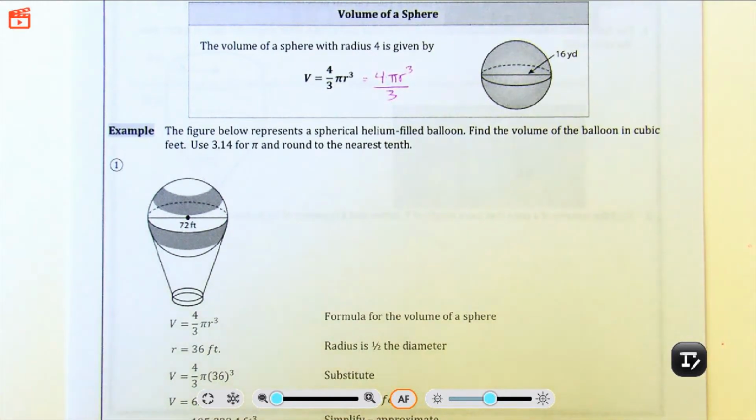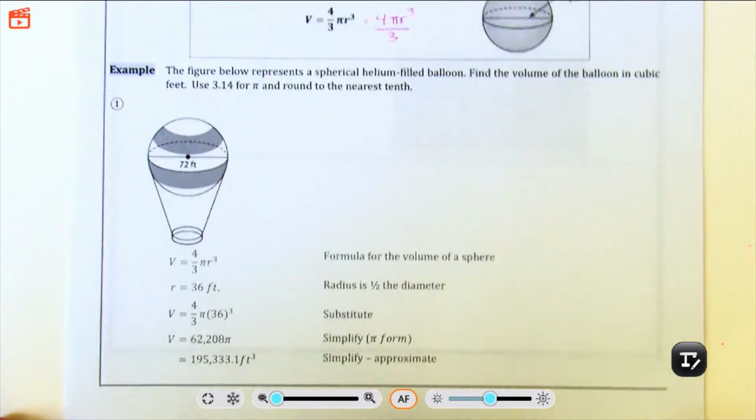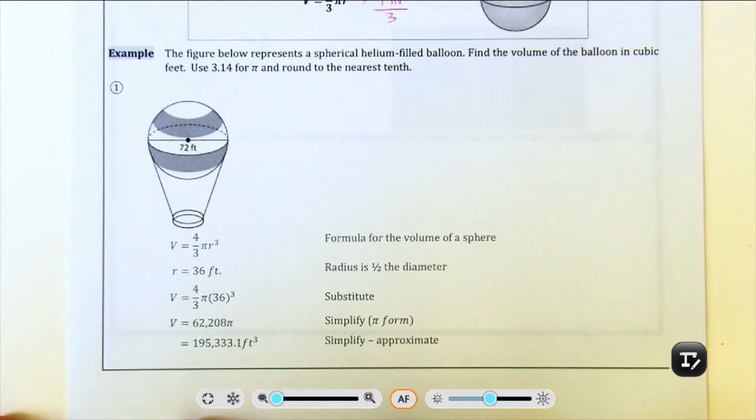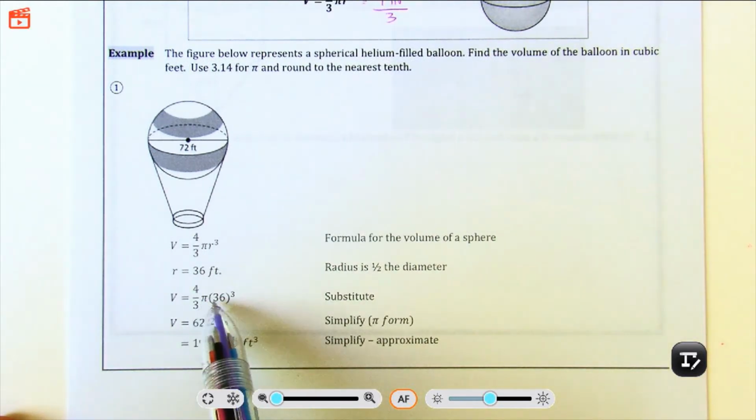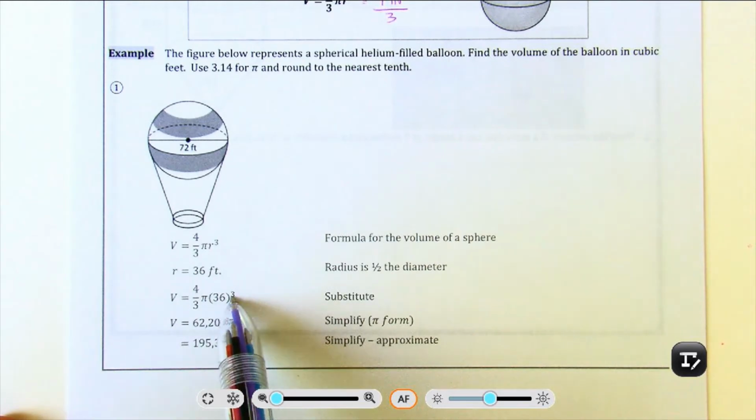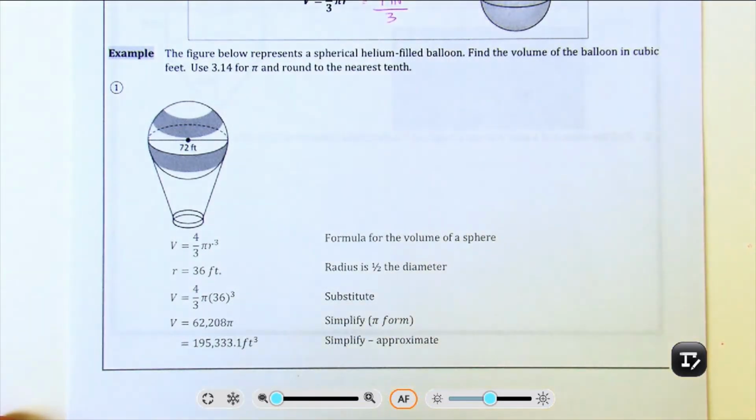Plugging 36 into the formula, we have 4/3 pi times 36 cubed. Typing that in the calculator gives us 62,208 pi. Multiplying by 3.14 gives us 195,333.1 feet cubed.